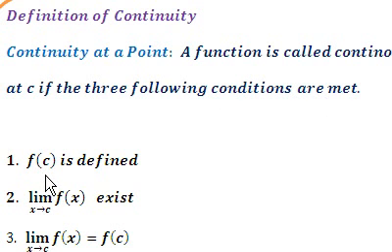So the first thing, you want to find f of c and make sure that it exists or it's defined. Then we're going to look for the limit of f of x as x approaches c. It has to exist, and the limit of f of x as x approaches c must be equal to f of c. Let's look at some examples of this.